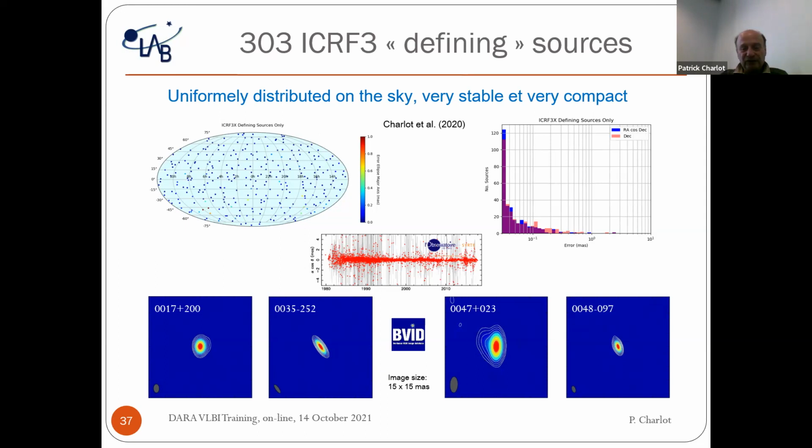The defining sources are those that really define the axes of the frame, which means that if you make another ICRF in 5 or 10 years, you will use those defining sources to align your new frame to the previous frame, because it's important to keep the same orientation in the sky.